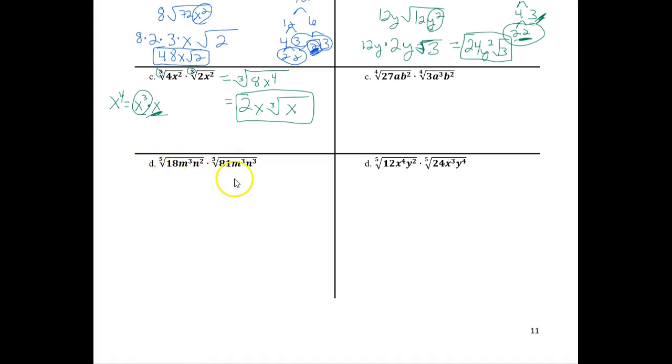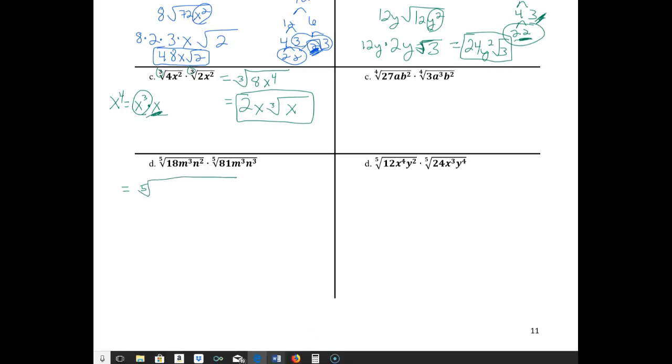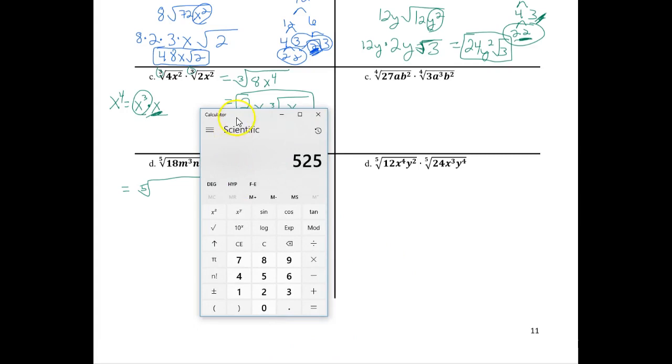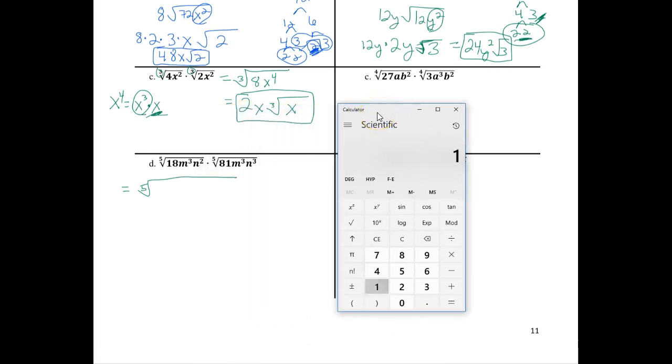So you could choose to multiply them together or just leave it as 18 times 81, since we're going to end up factoring it anyway. Alright, let's look at this. We have the fifth root. We're bringing everything together now. I'm going to go ahead and just take that step to multiply these together. 18 times 81 is 1,458.